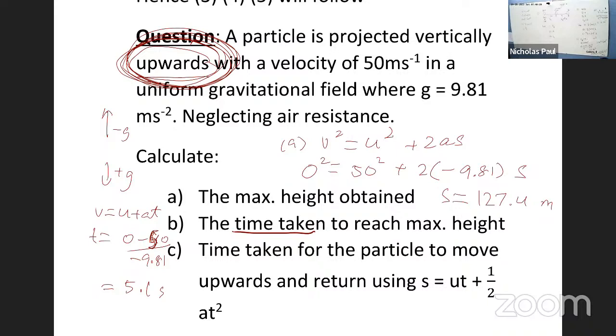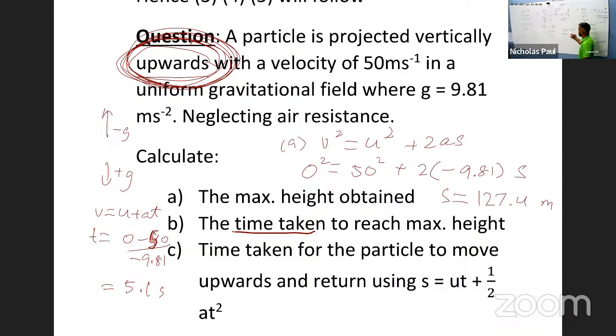Those who are online, you can take a look at the board. So it will be s is equal to ut plus a half at squared, right? s is 127.4.